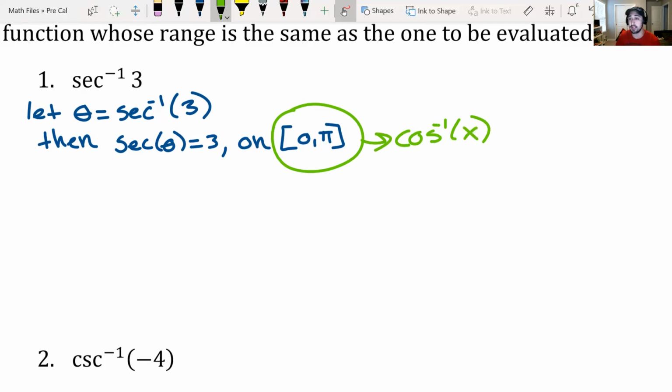The inverse cosine lives on these same restrictions. So now we have to figure out, how can we rewrite secant theta equals 3 into an equation for cosine? Well, the answer to that is by identities. I hope you remember your identities, because when we get to 8.4, it's gonna get ugly.